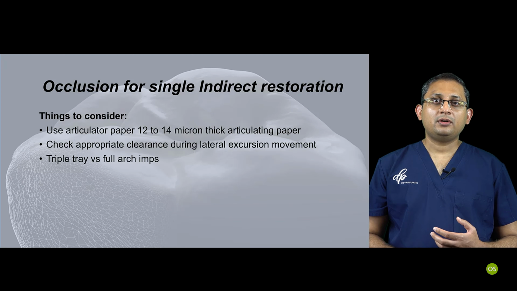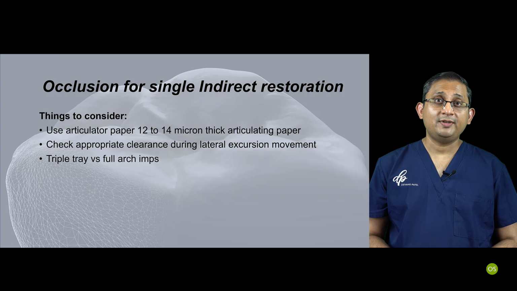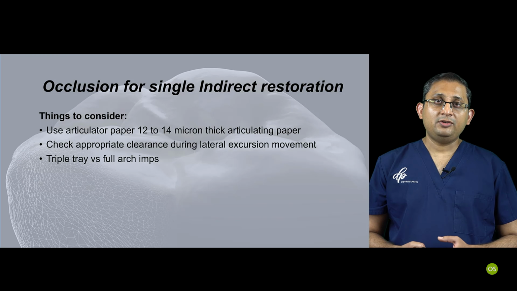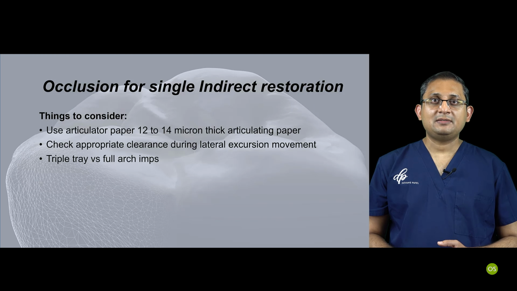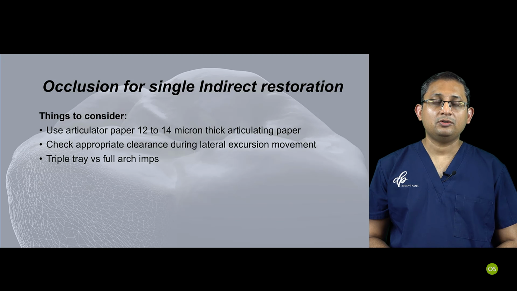You can choose triple trays versus full arch trays. I always use full arch trays because I usually ask the technician to at least mount the models on a hinge articulator rather than just a small hinge articulator of a sectional jaw.